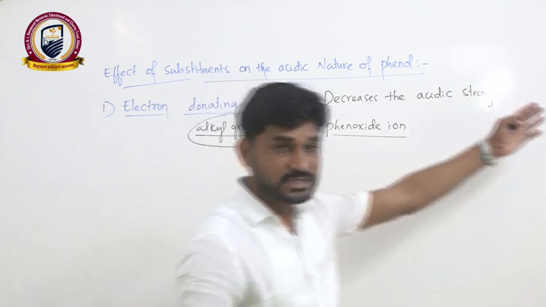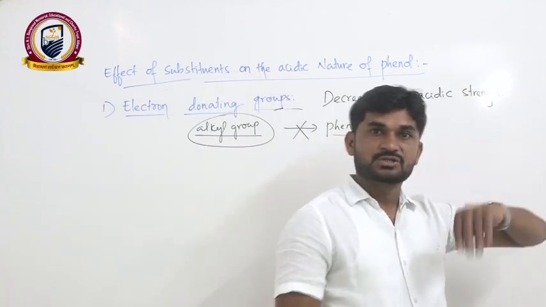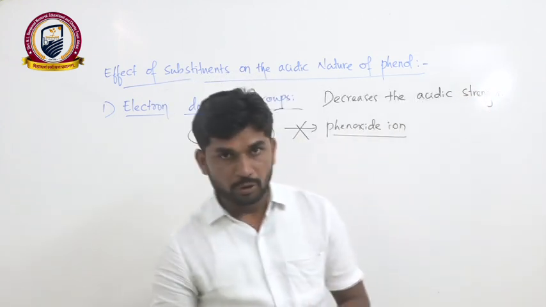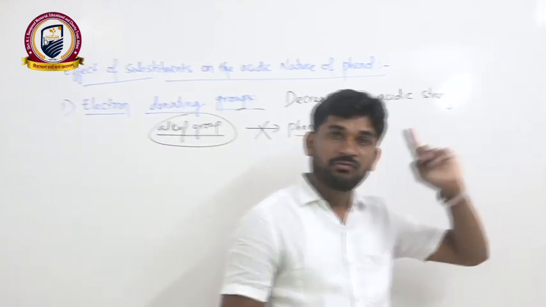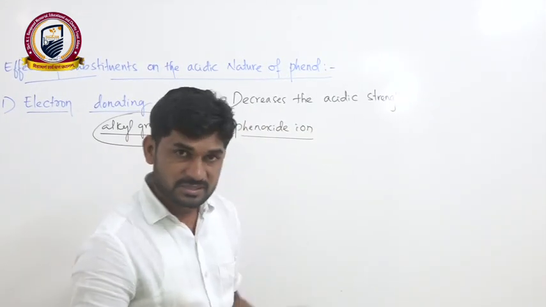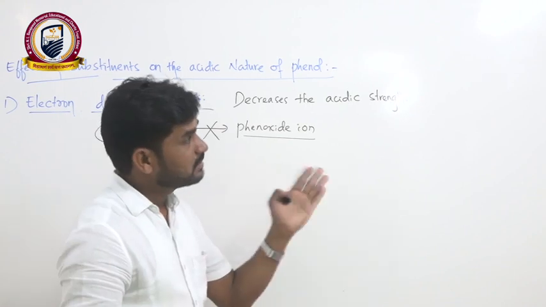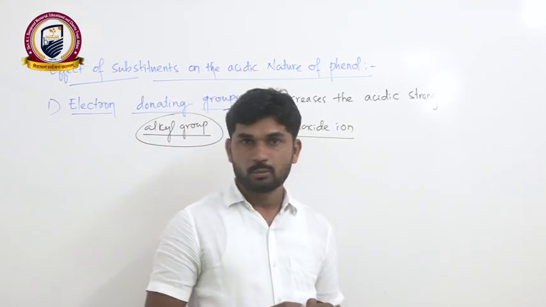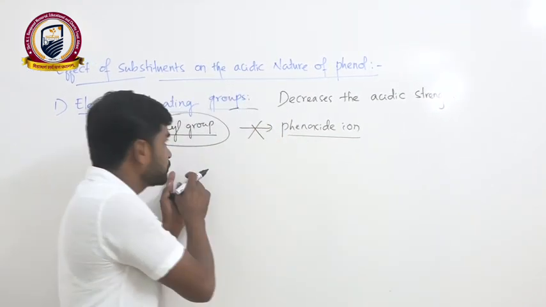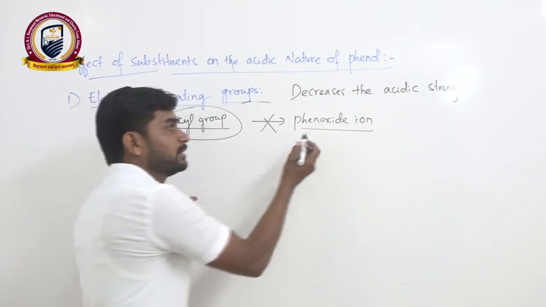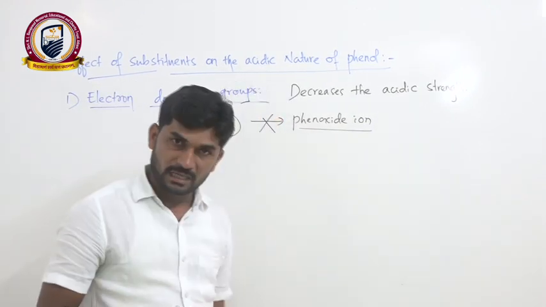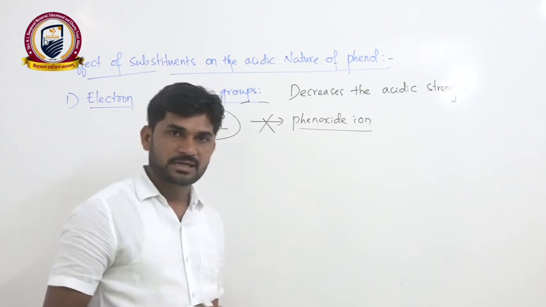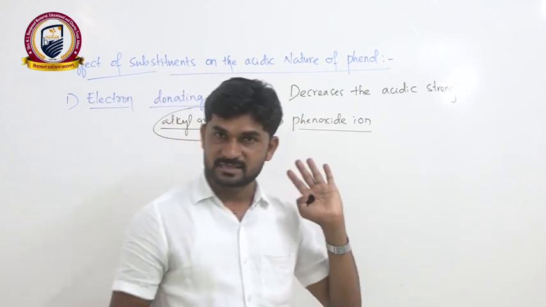We have discussed the acidic nature of phenols. Phenol, by the loss of a proton, forms phenoxide ion. That phenoxide ion is resonance stabilized. Due to its resonance stabilization, phenols are more acidic. So here alkyl groups are not favoring the formation of phenoxide ion. If there is no formation of phenoxide ion, their acidic strength decreases, right?